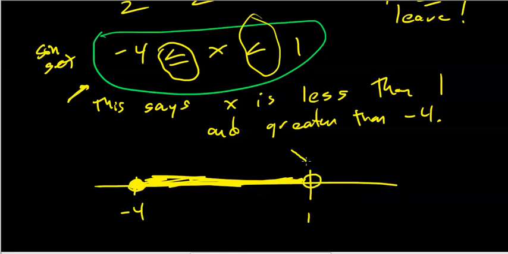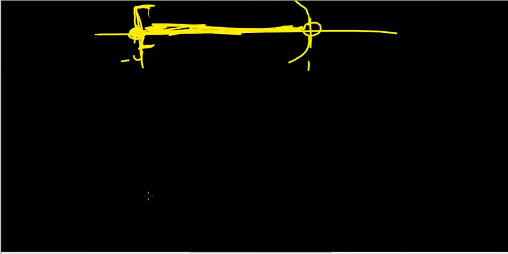Again, our author would probably have a parentheses there and a bracket at minus 4. But again, if you feel more comfortable with the open circle and closed circle notation as I do, feel free to use that instead. Okay? So basically that's how we tackle double-sided or AND type inequalities.